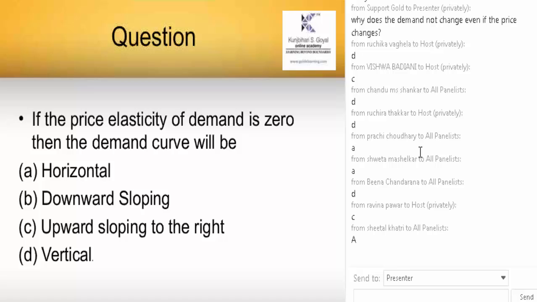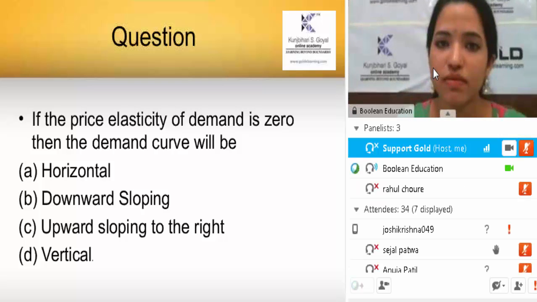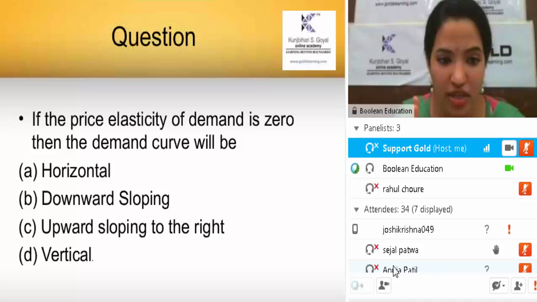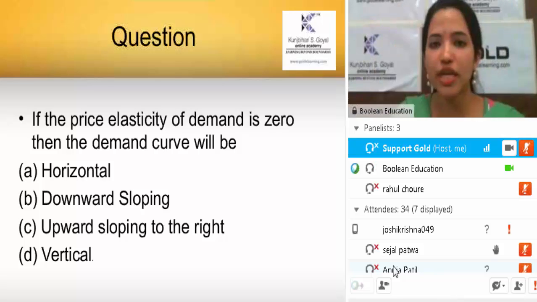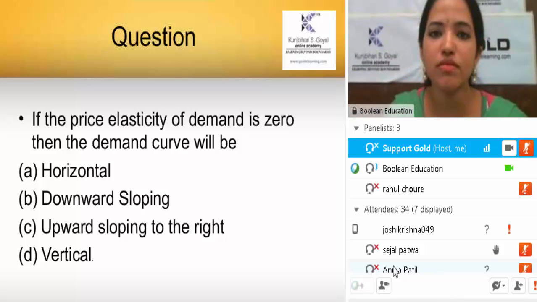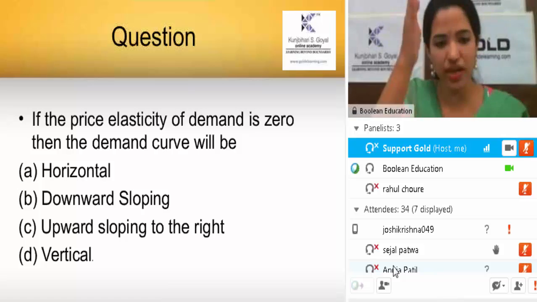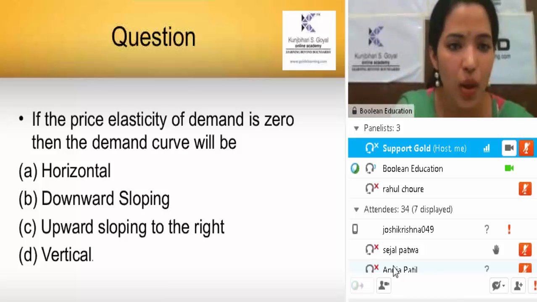Correct? Meaning, हमने x axis पे demand plot किया है. This demand is not changing. This demand is 5. Price कितना भी हो, demand is 5 kg. Correct? So when we say demand is 5 kg, the demand curve is a vertical straight line at 5 kg, right? I'll just go behind and show you the diagram.